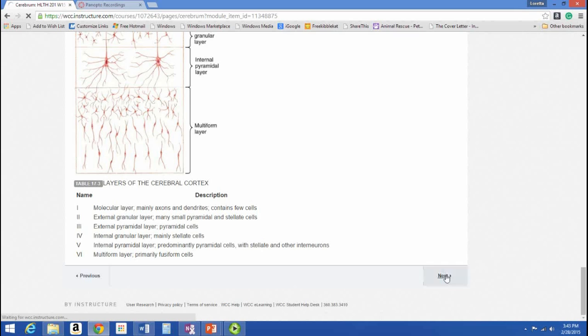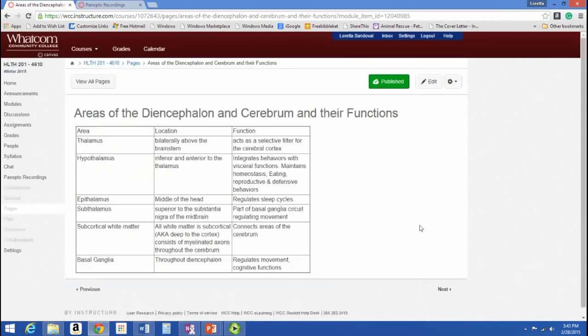So in the next section, we're going to start talking about the cerebrum, but there's this little chart that I included in the module, areas of the diencephalon and cerebrum and their functions, and this is what I want you to know for the test. So very briefly lists the area, its location, and its function.